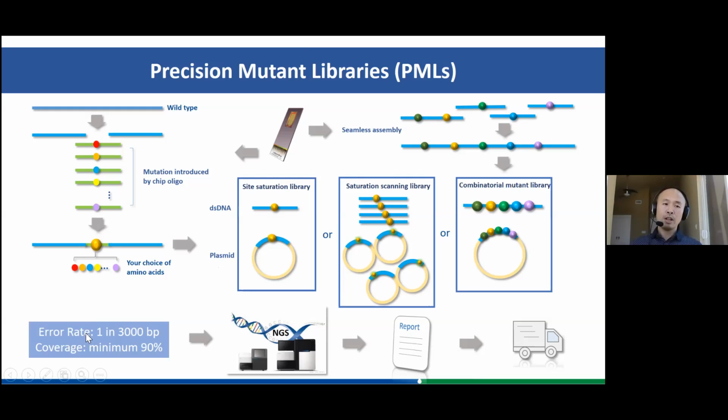Also, our error rate is extremely low. It's 1 in 3,000 base pairs. And our minimum coverage guarantee is 90%. And we also do NGS as part of our QC, and you will get a report upon delivery so that you can also look at the amino acid distribution in your library.